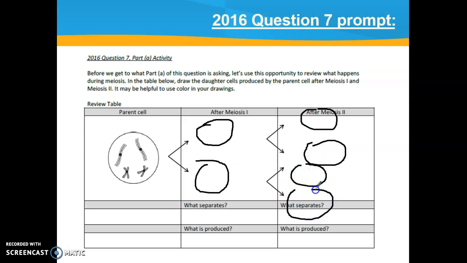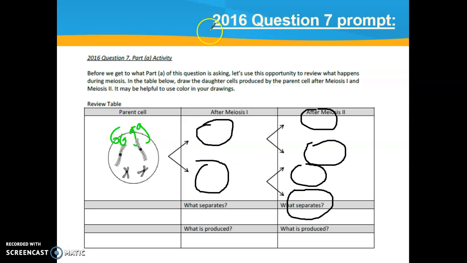Now, the key thing that we looked at on the previous slide is that flower color is going to be located on the big chromosome, so on chromosome number 1. Let me flip to green here. So if our parent, our F1, was big G, little g, we know that this chromosome is going to be carrying 2 copies of the dominant allele, and this chromosome is going to be carrying 2 copies of the recessive allele.